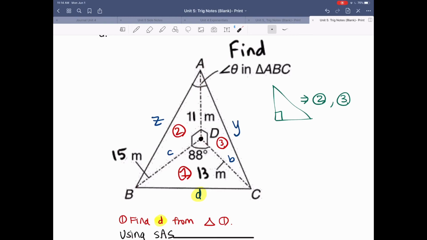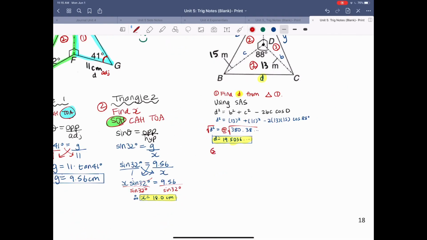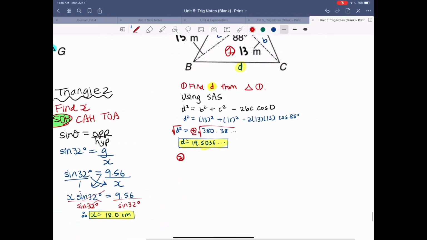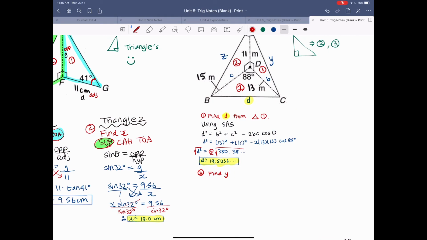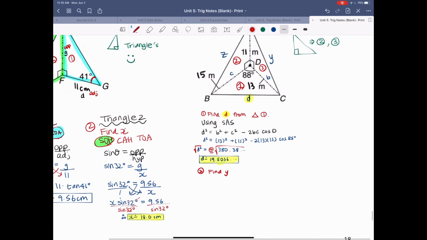So as my next step, I could use either and find my Y and Z respectively. As my step 2, let's say I'm going to find Y. It won't really matter whether I find Y or Z first because I have the exact same information from there.